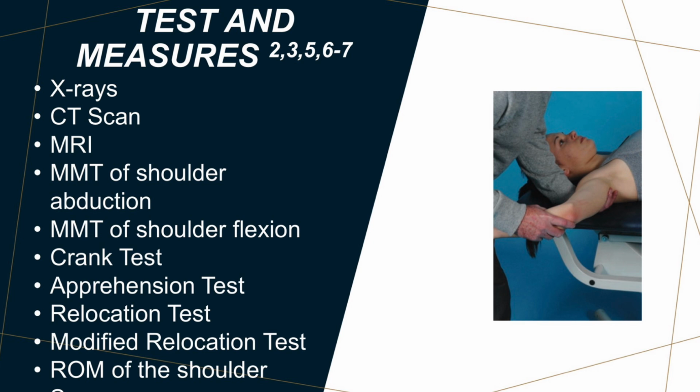The clinician will grasp the elbow with one hand and maintain the testing position and grab the humeral head with the other hand, and they will pull the humeral head anteriorly. Demonstrating pain and apprehension is an indication of a positive test. And also the clinician will push the humeral head posteriorly while maintaining the shoulder in the same position. That's going to be more like the relocation, popping back in the shoulder.